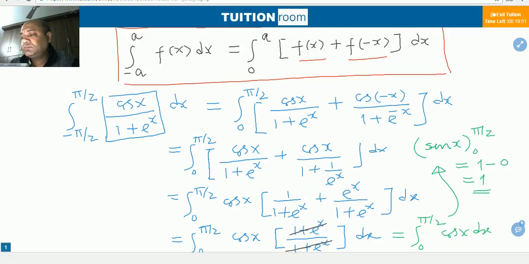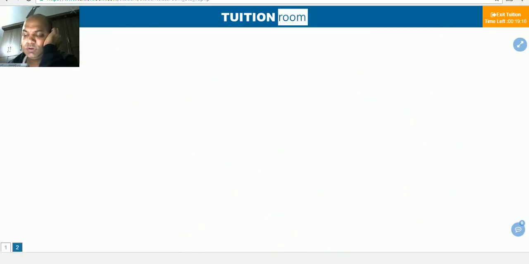Now apply the same formula. Write f(x), then write f(minus x). Replace x by minus x. When we replace x by minus x, we will get like this. Now simplify the given expression.